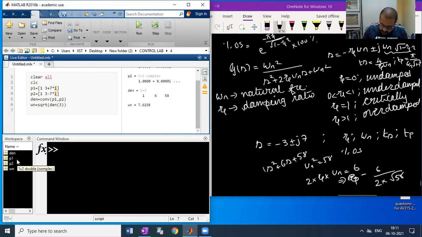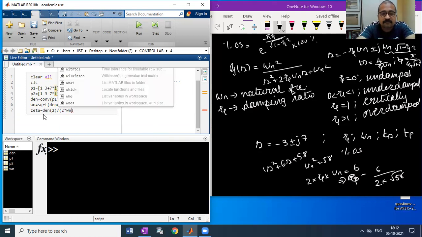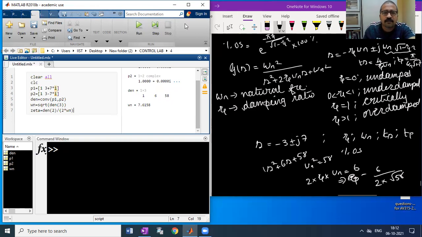Now, how will you find zeta? Zeta will be 6 divided by 2 into omega n. So I can write zeta equals the denominator's second term divided by 2 star omega n.